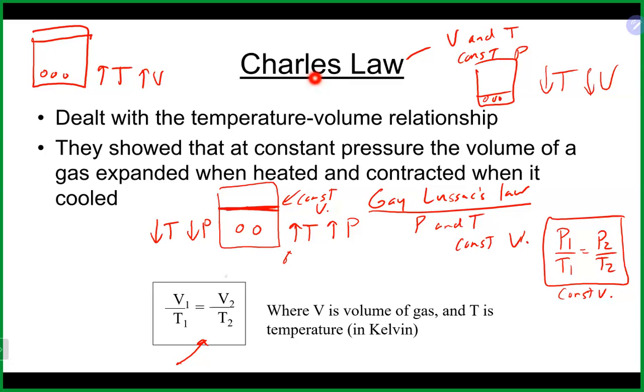Now, the volume in this equation does not matter the units, but the temperature does need to be in Kelvin for sure. And also over here in this equation, the temperature does need to be in Kelvin. Pretty much if it's a gas law and you have temperature, it needs to be in Kelvin. So a reminder that temperature in Celsius plus 273 gives us our temperature in Kelvin.